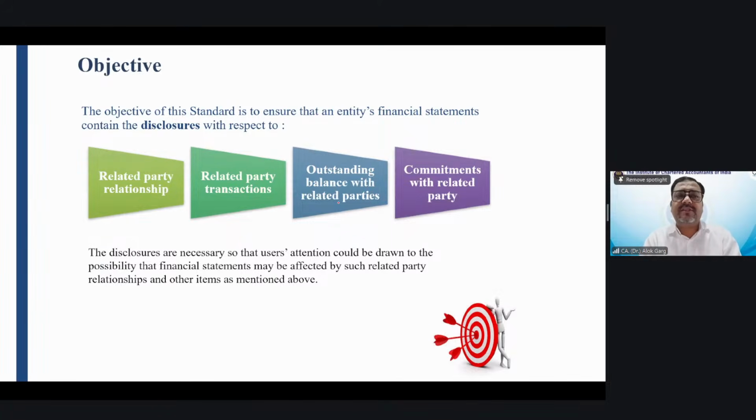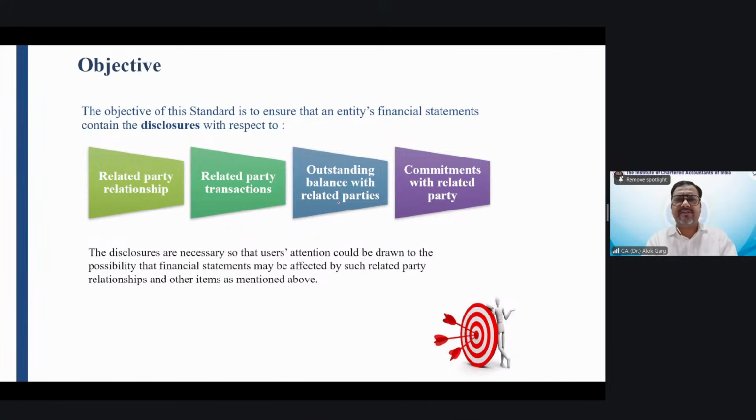This disclosure related standard, Ind AS 24, focuses more on governance, right? In listed companies, Indian accounting standard talks about disclosures of related party transactions in the notes to accounts of the financial statements. Ind AS is related to the financial statements. The Companies Act also provides a lot of guidance for the disclosure and approval of related party transactions. SEBI LODR also provides guidance on the approval of related party transactions by the board of directors and by the shareholders, and on the filing of related party transactions.